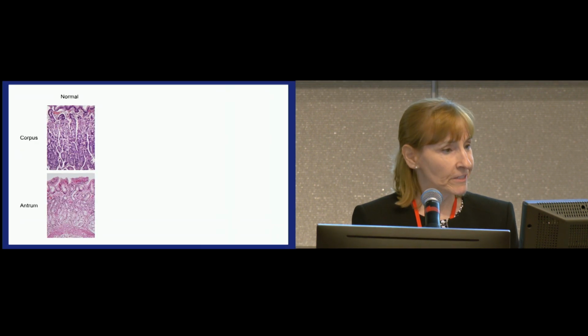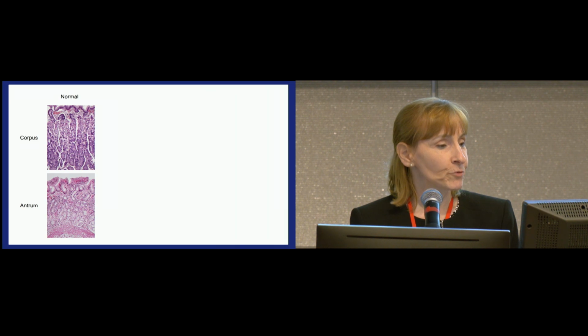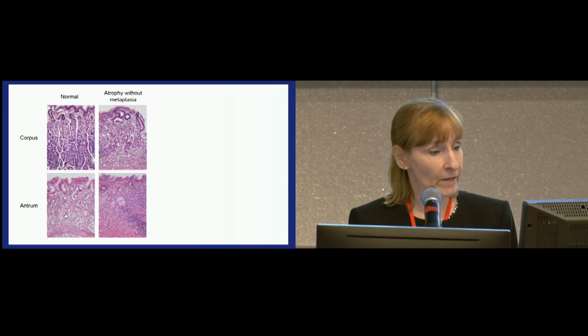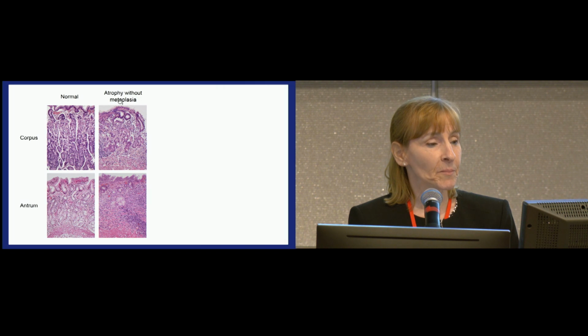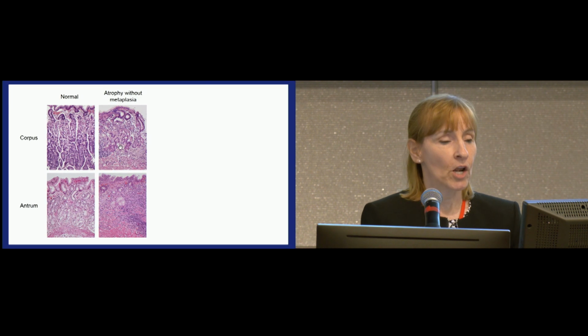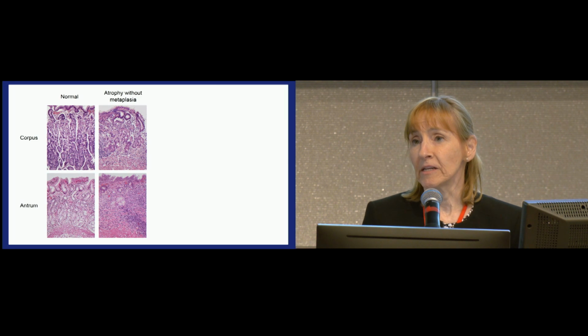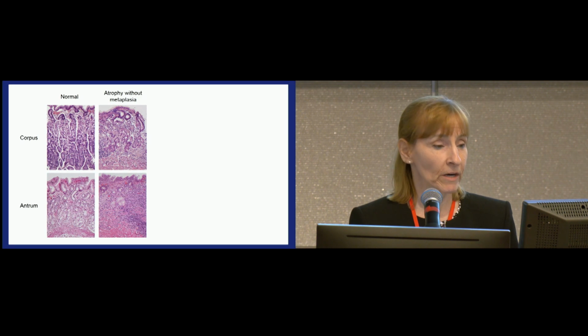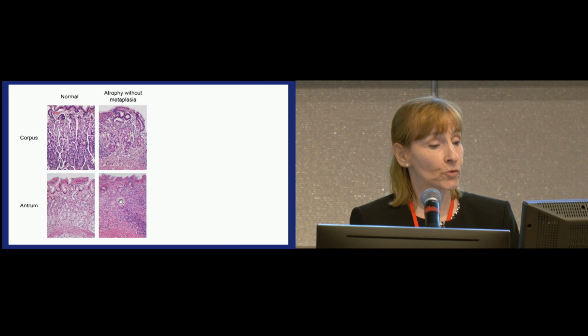So I've shown this before. We have two images of normal corpus and normal antrum, just to show you what it means. Atrophy without metaplasia is just loss of glands, so the glands can be diminished or shrunken, fewer in quantity or smaller in size. And this one is a case of antral atrophy, in which you can see only a few glands remaining.